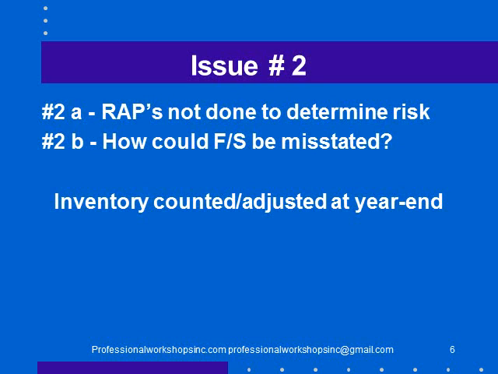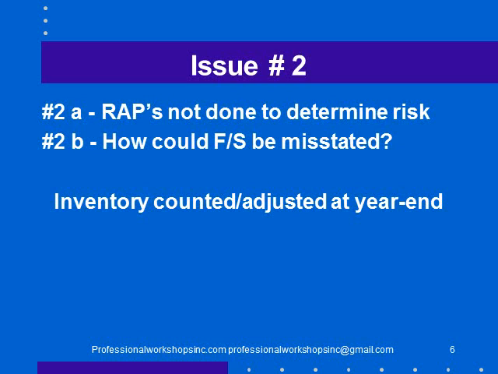And the second thing, if you think about it, how could the financial statements be materially misstated? Because if someone steals the cash and records the inventory going back into inventory, either the bank rec is going to be short or the inventory is going to be short. And if they take cash to themselves and say that they've put goods back into inventory, then the inventory is going to be short, and inventory was counted and adjusted at year end.